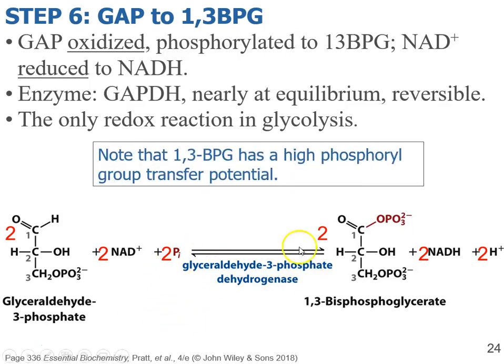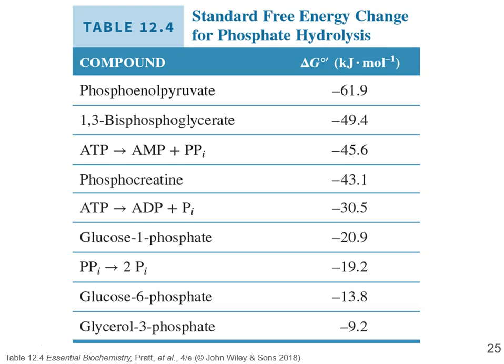Now, one of the things you should notice is this 1,3-bisphosphoglycerate was listed on that table that I gave you last time. It has a high phosphoryl group transfer potential. So let's go back to that table. It's right here. You see how we have 1,3-bisphosphoglycerate.